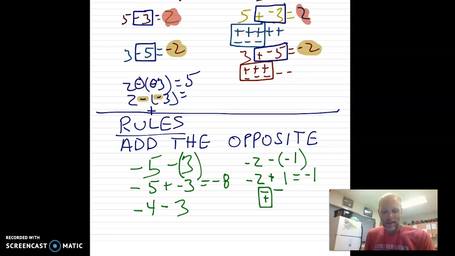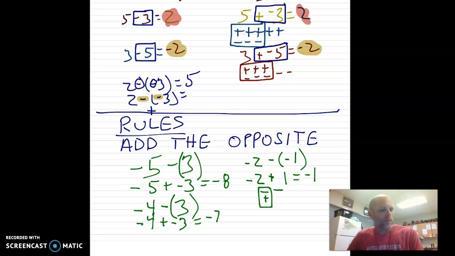Okay? But if that doesn't click, we're going to add the opposite instead. We're going to keep -4. We're going to take that subtraction sign away. And we're going to add instead. And what is the opposite of positive 3? -3. So, back to the other day, we got 4 negatives and 3 negatives. How many negatives do we have now? We have 7.